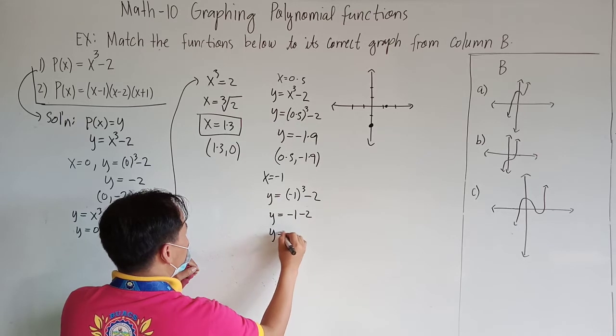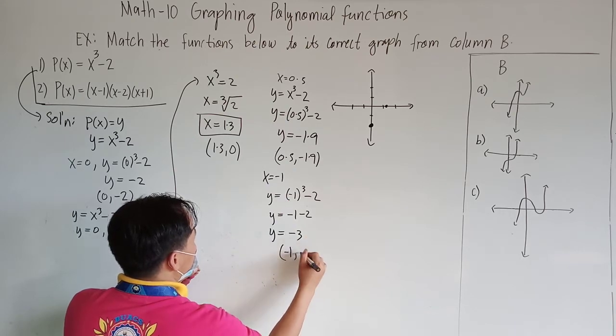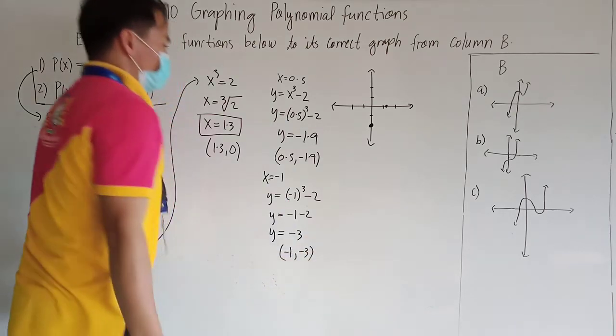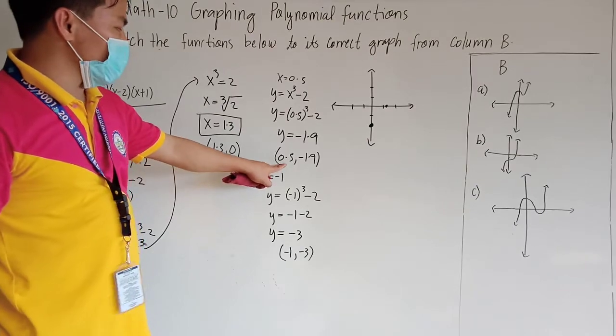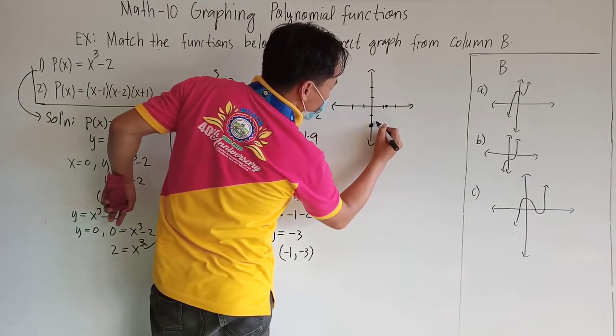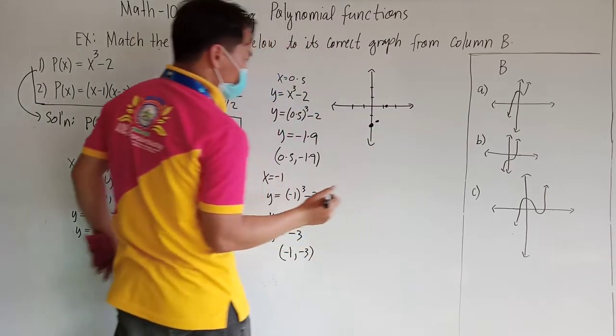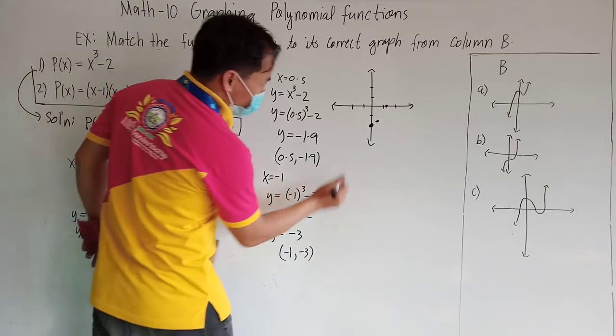So y is now equal to negative 3. Therefore, it's at point (-1, -3). So we have to plot these points: (0.5, -1.9) is here. Next, when x is negative 1, y is negative 3.